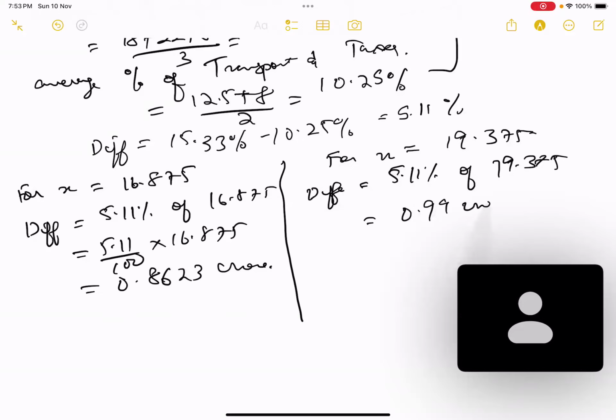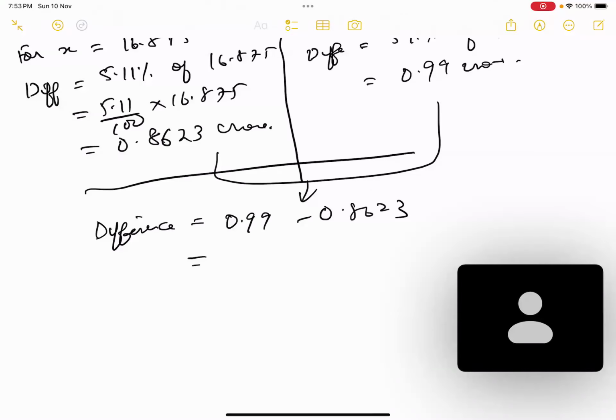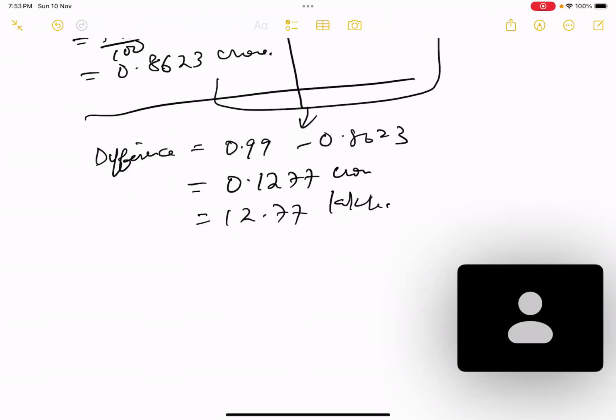Okay. And finally, we have to find the difference between these two values: 0.994 minus 0.8623. So we get something like 0.1317, or 12.77 in the scaled units.